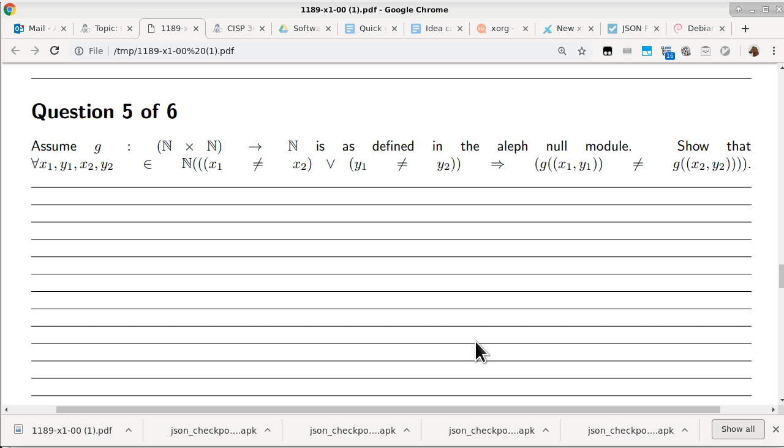If G is bijective, it is also injective. If G is injective, then every 2 different elements of the domain have to map to 2 different values in the codomain. And that is what we want. That implication is already done. All right. Are we good?